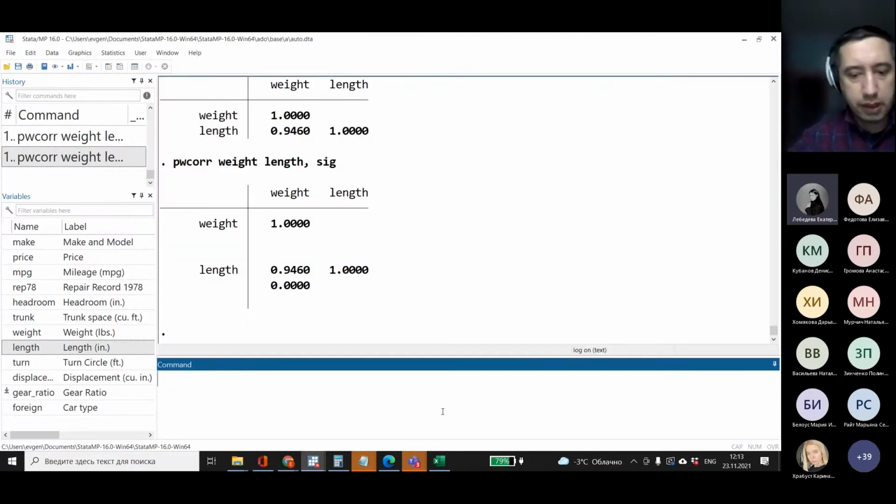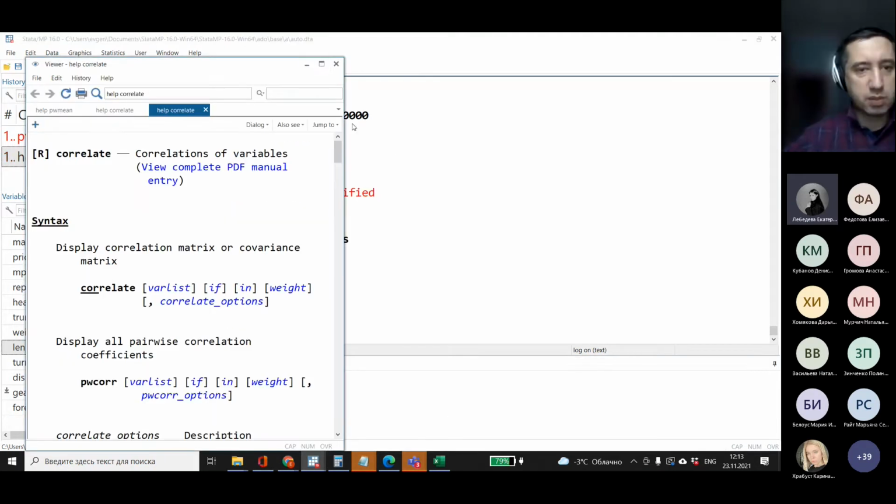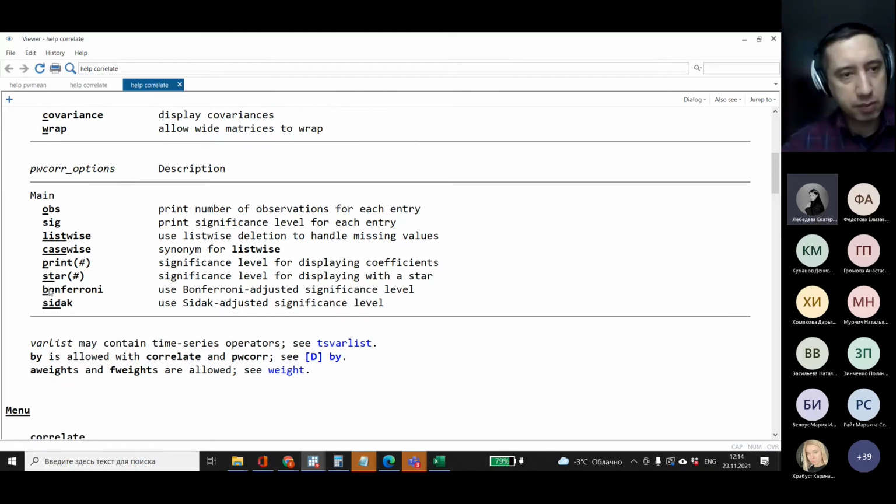Okay, very good. Instead of sig, we have an option star. Let me explain this in more detail. We have the star option and the print option, and the level option sometimes, but not here.